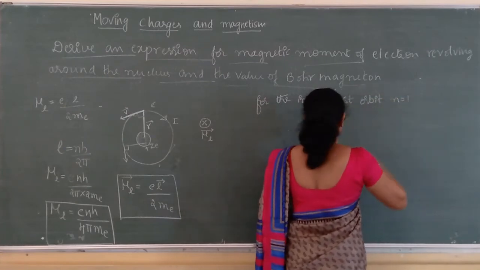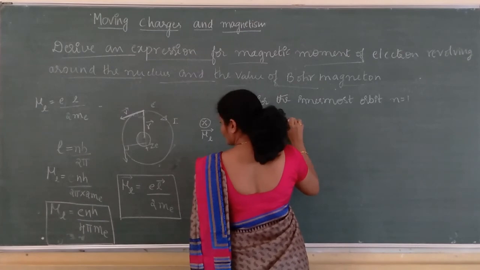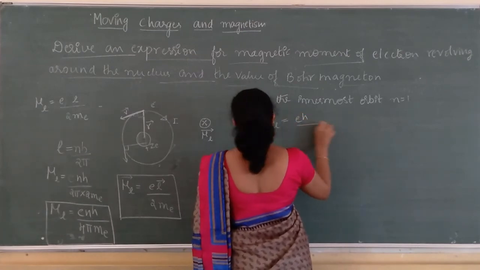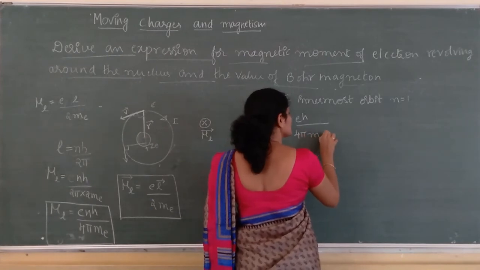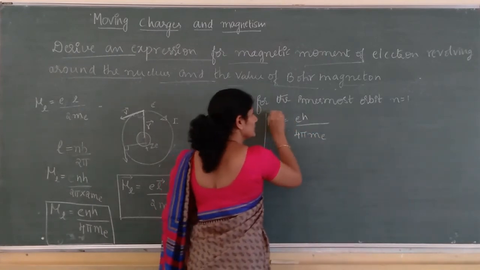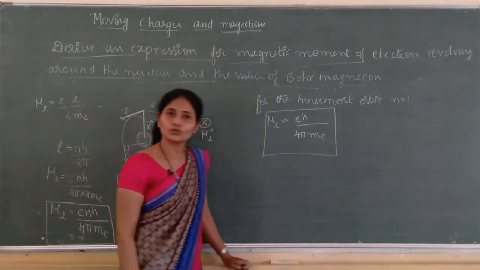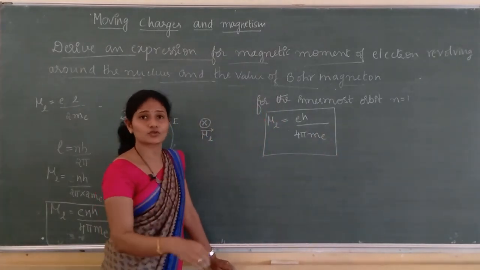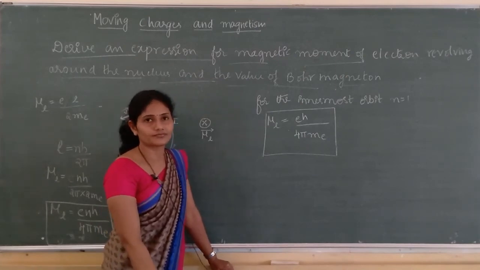When n is equal to 1, mu L is equal to E into h divided by 4 pi m into E. This is only when n is equal to 1, for the innermost orbit.